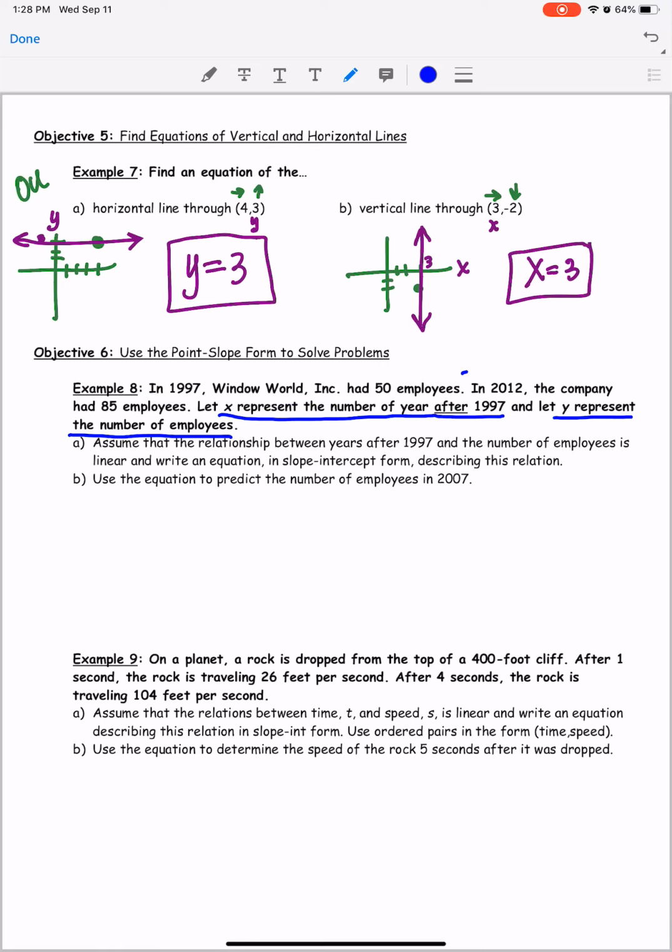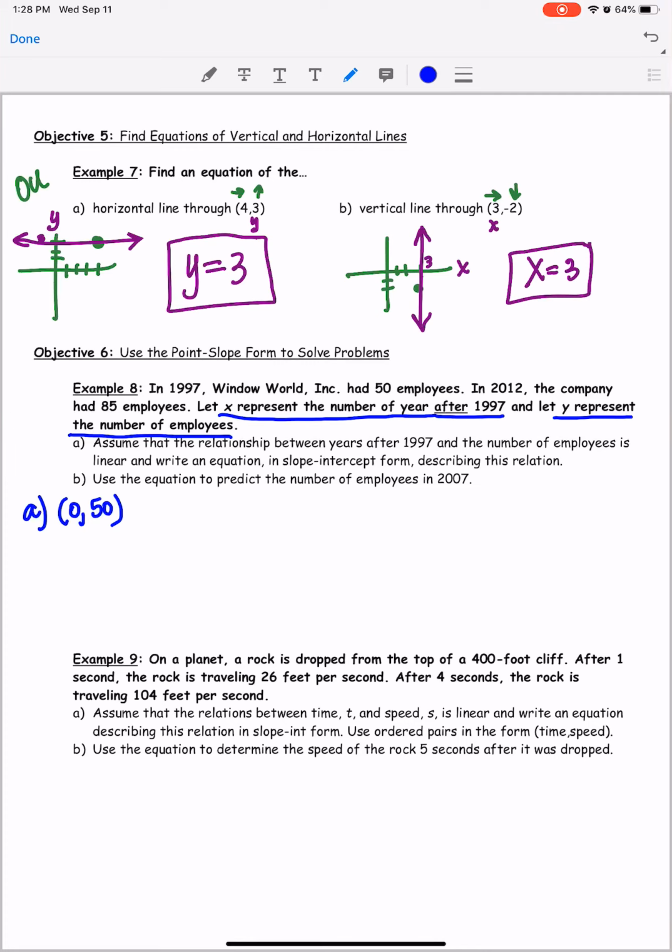How many years after 1997 is 1997? That's 0. So we've got 0, 50. Okay, and again, we got that 0. We did 1997 minus 1997 to get 0. It's after that year. Don't use the year.